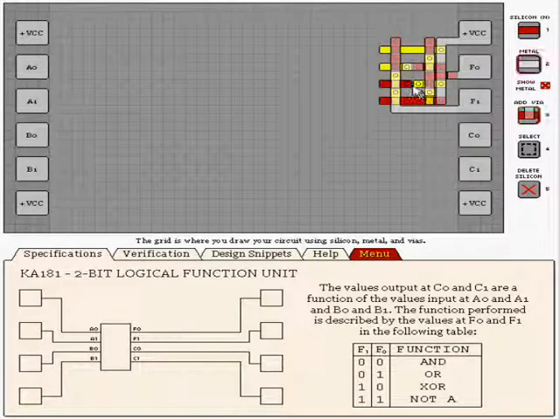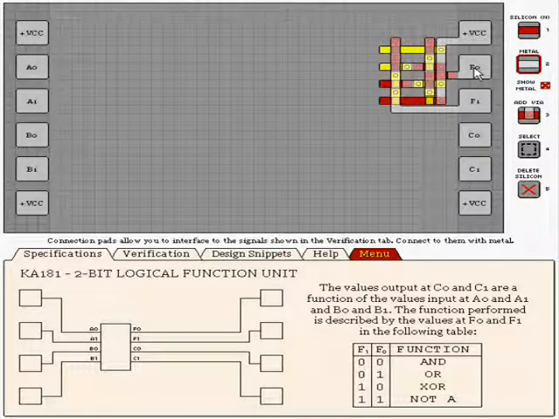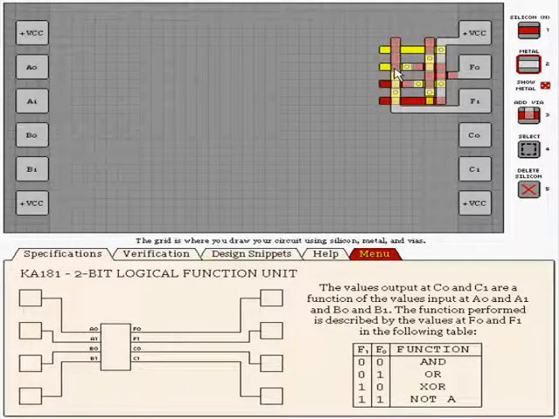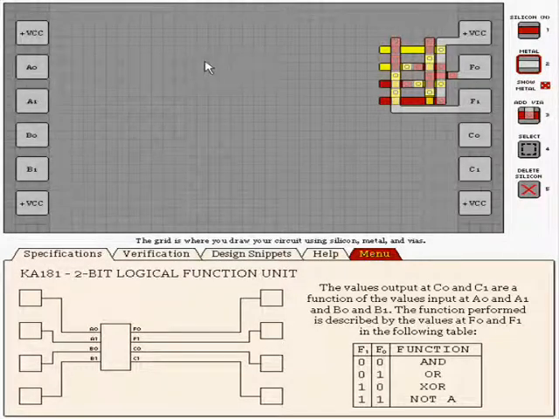So now we have your decoded line where, depending on the combination of F0 and F1, we have a unique line on out of these 4. And that will form part of the AND gate over here, somewhere in the middle.